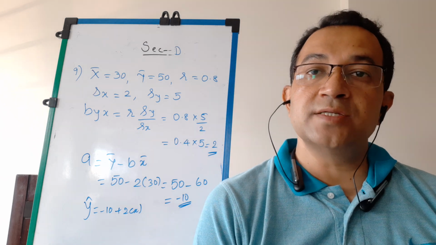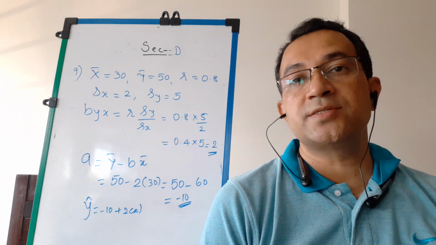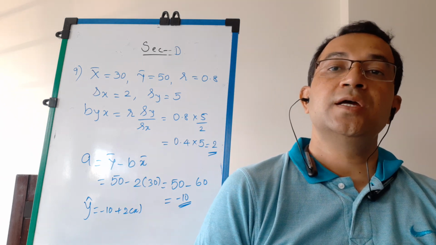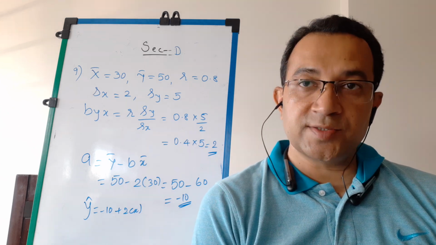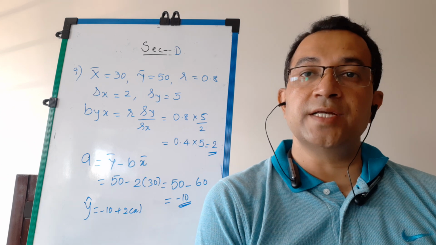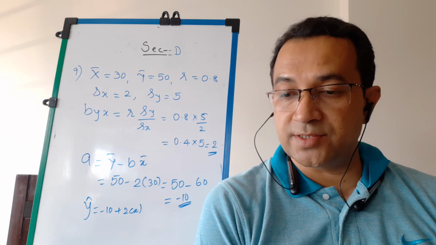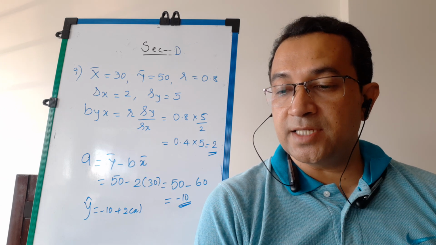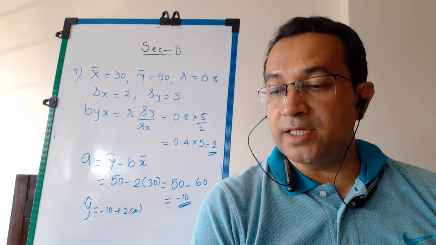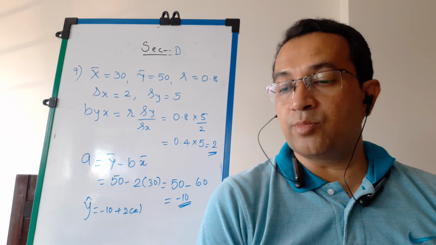Of course, advertisement cost is independent and sales is dependent on advertisement cost. The more you advertise, the more sales we can expect. So X is advertisement cost, Y is sales. X bar is 10, Y bar is 90, Sx is 3, Sy is 12, and r is equal to 0.8.